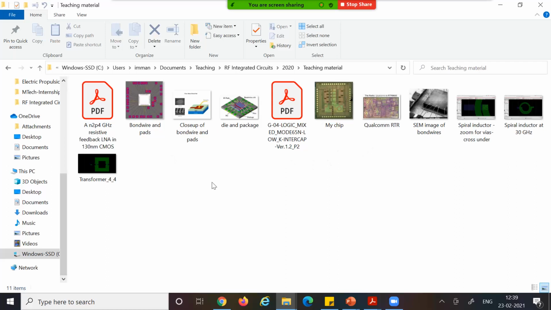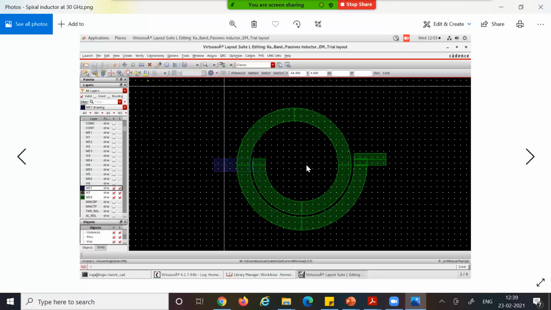Right. Let's see. This is one inductor which my PhD student had designed. This is at 30 gigahertz. You can see that this is a 1.5 turn inductor. It comes in like this. This is the top metal layer, and it goes around like this. And this is the underpass. You go down to metal 7. This other color is metal 7, and you come out.